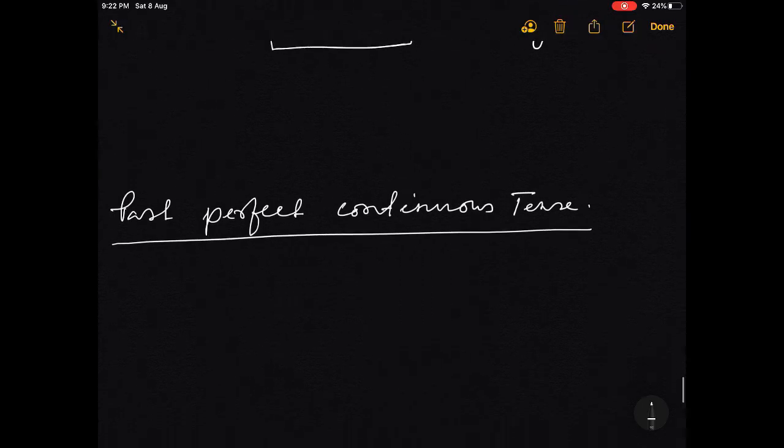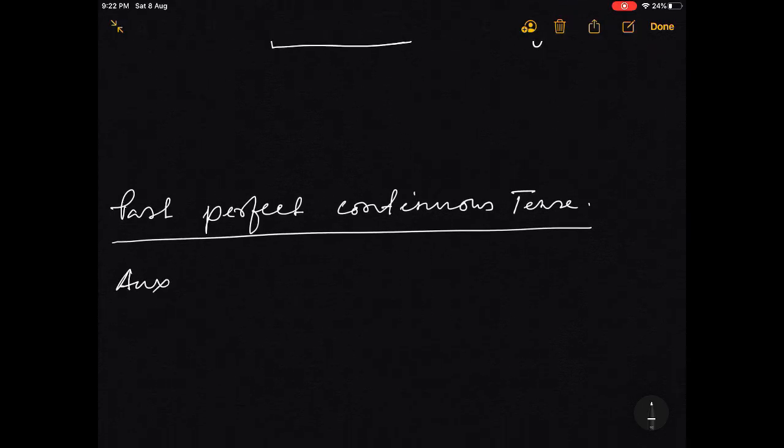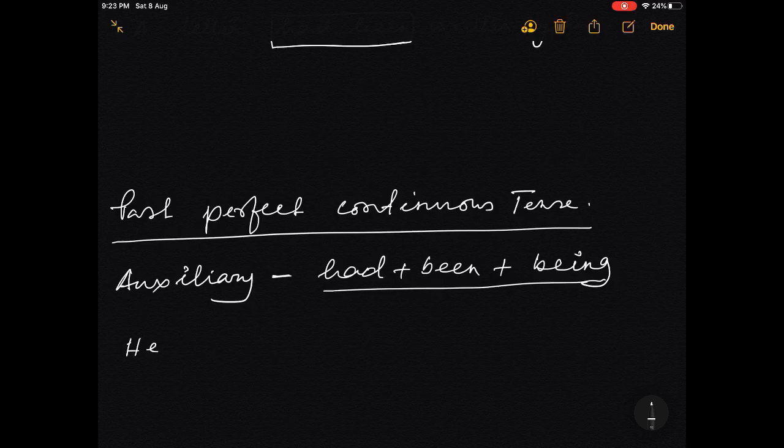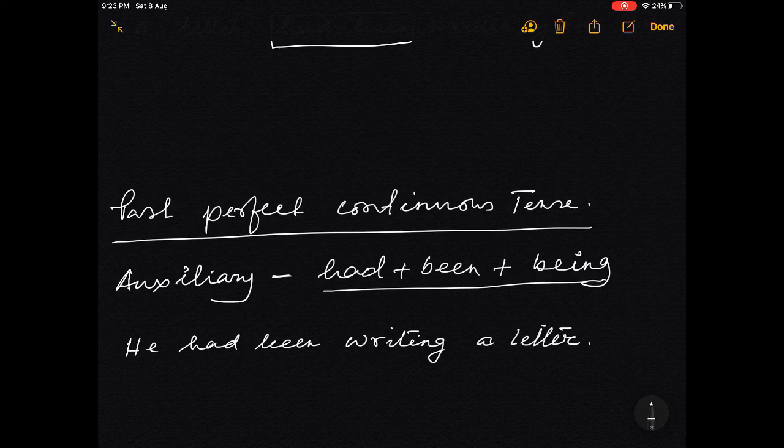Past perfect continuous tense. There is the auxiliary verb had plus been plus being. Example: he had been writing a letter.